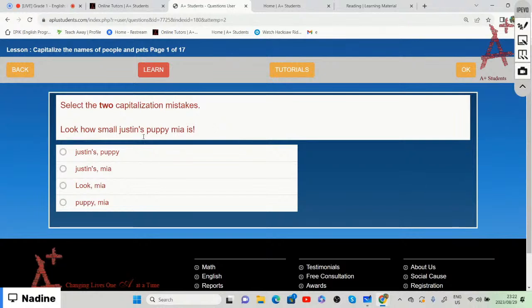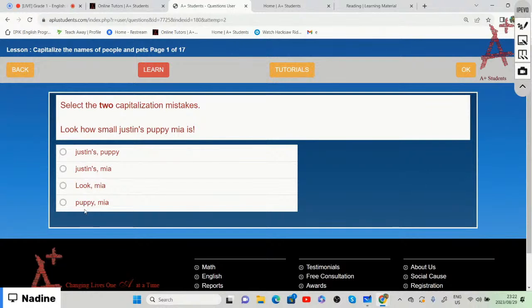So is it Justin's and puppy? Is it Justin's and Mia? Is it look, Mia, or puppy and Mia? So we need to identify and select the two capitalization mistakes within that sentence, meaning that they forgot to capitalize those words.